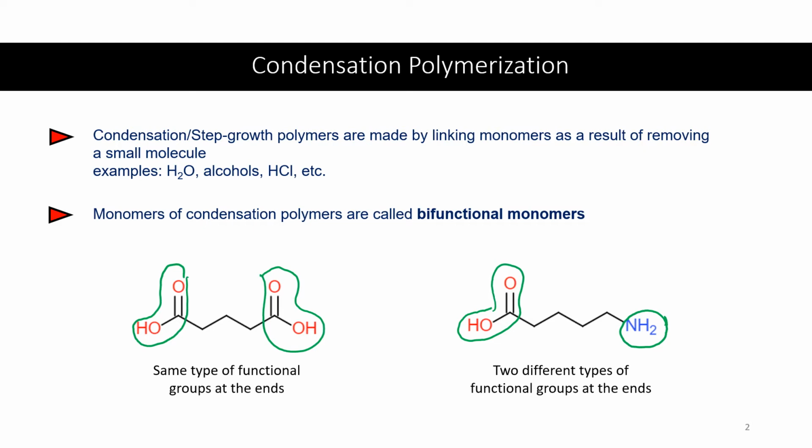So the two functional groups of the monomer could be the same functional group, or it could be different functional groups like in this example. So always remember, if you are asked to predict the structures of the monomers for a condensation polymer, they should always be having two functional groups.